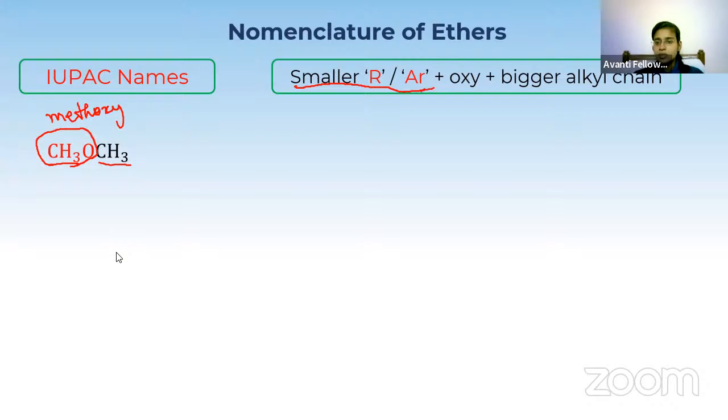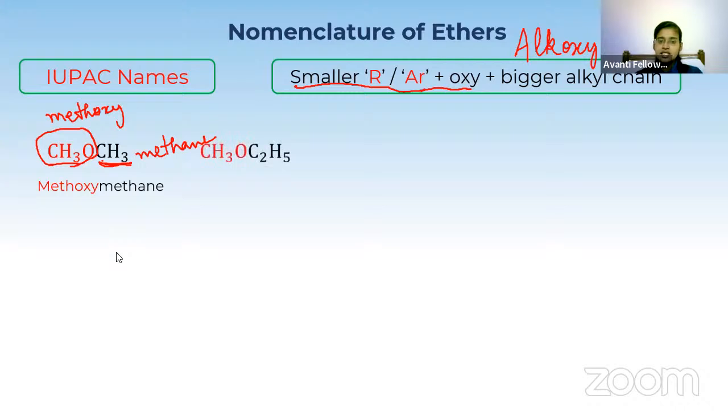Smaller alkyl group plus oxy. Then I have a CH3 here, so it is called methane. So the name will be alkoxy alkane. Alkoxy alkane is the general name for IUPAC nomenclature of ether. So the name of this compound is methoxymethane.